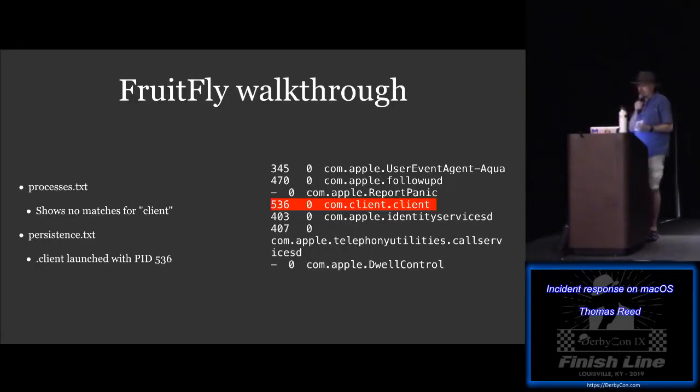So if we dig a little deeper, we look in processes and we find, well, wait a minute, there's nothing named .client running in the process list. So what's going on here? And we can look in persistence again, and my scripts will collect the output of launchctl list, which gives you a process ID. So we can see that launch agent plist launched something with a process ID of 536.